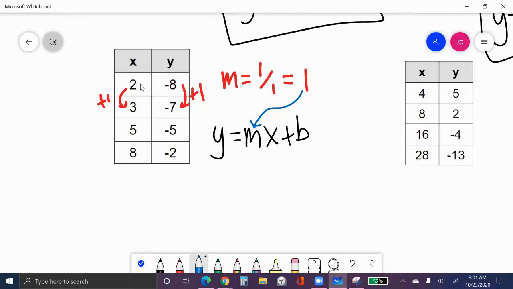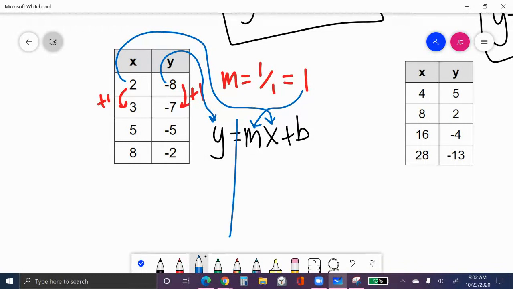We need to pick a point, any of these points, and plug it in for x and y. Now, I usually do ones that just have positives. Well, there is no all positives, but I'll just do the first one. So I'm going to plug in 2 for x and -8 for y. So I have -8 equals 1 times 2 plus b. 1 times 2 is 2.